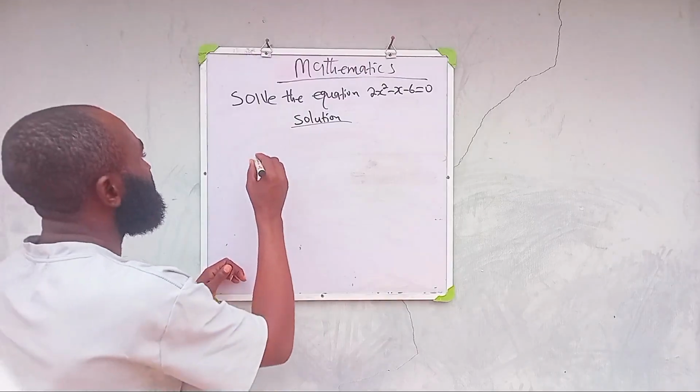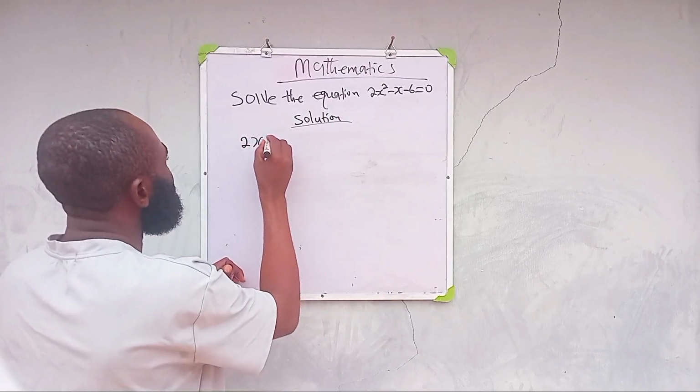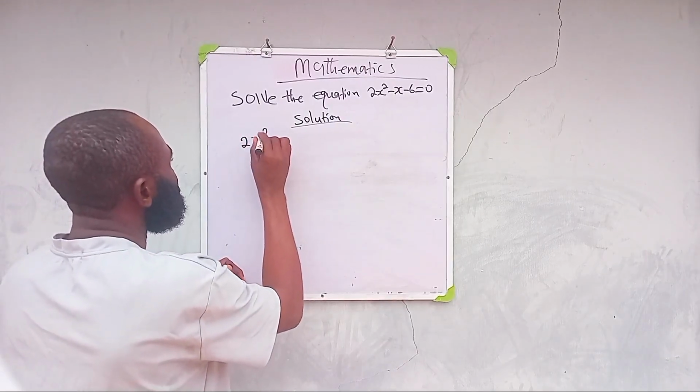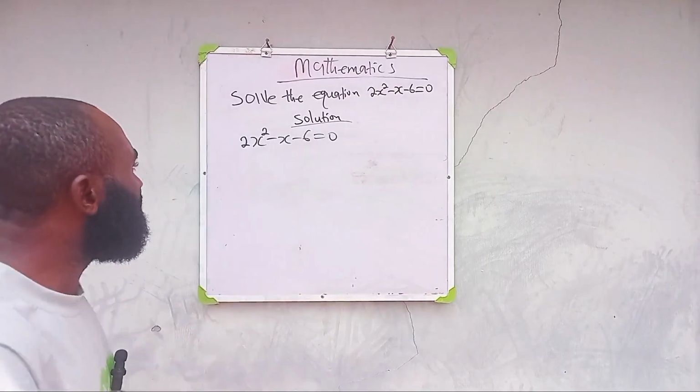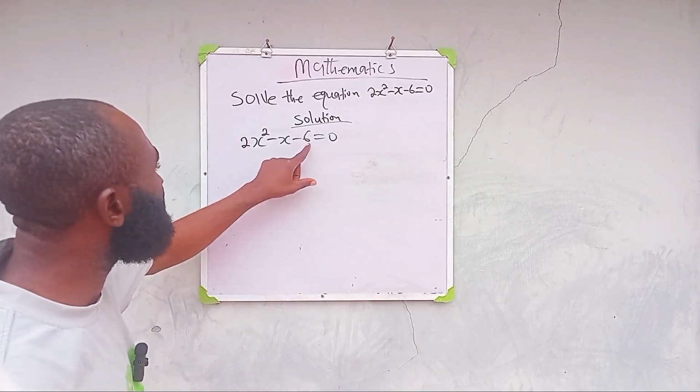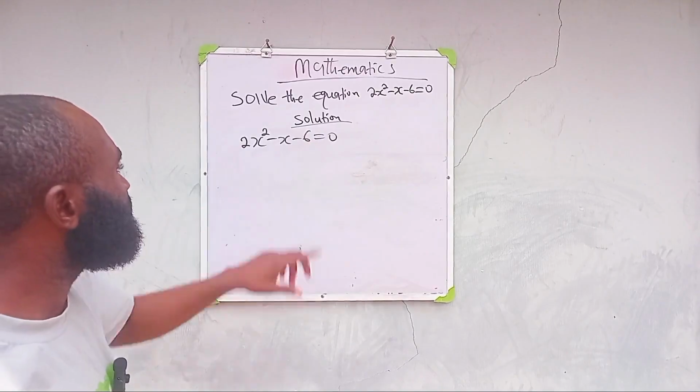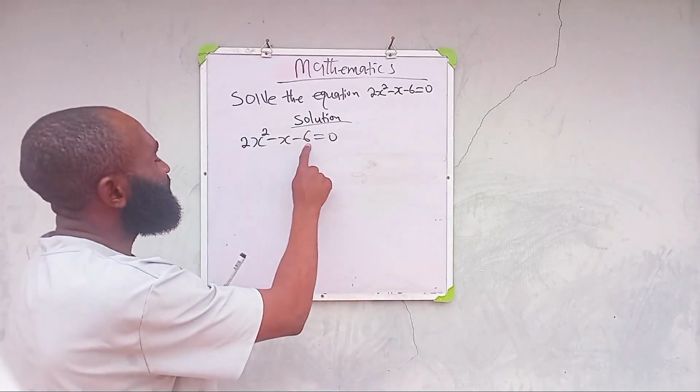So when the coefficient of x squared is more than 1, you use the coefficient to multiply with the constant. The constant here is 6.